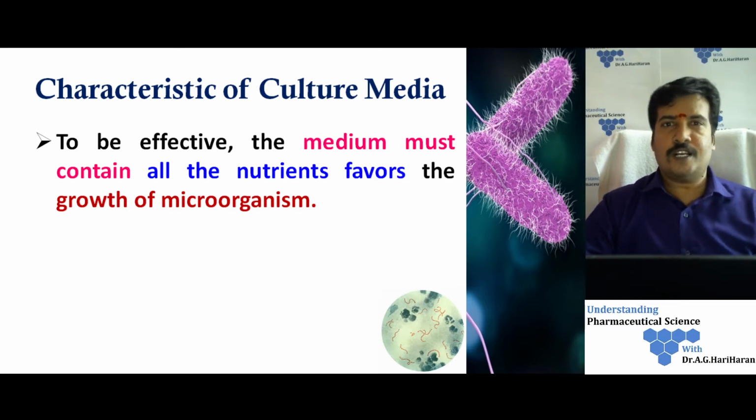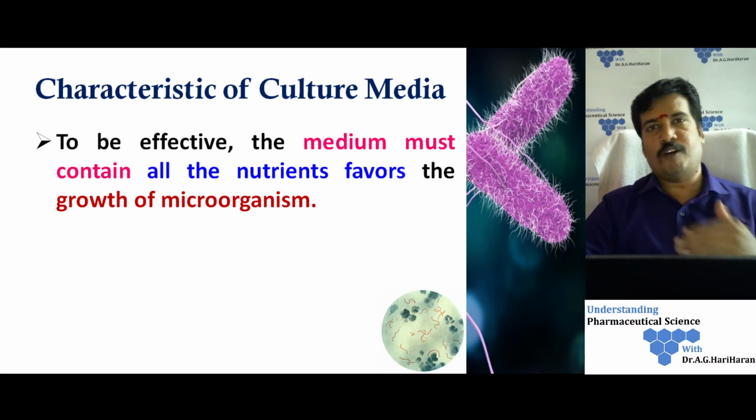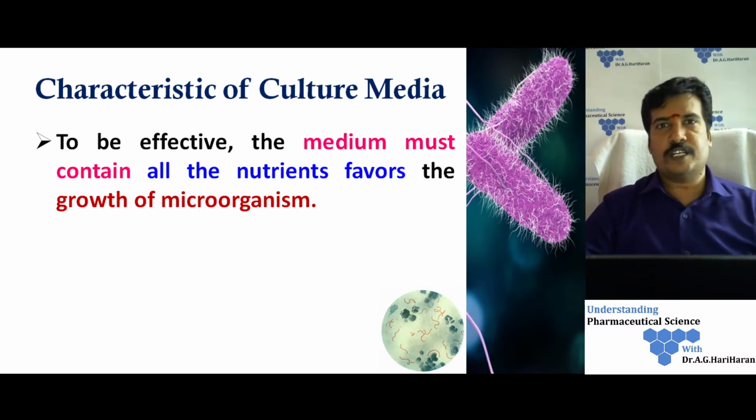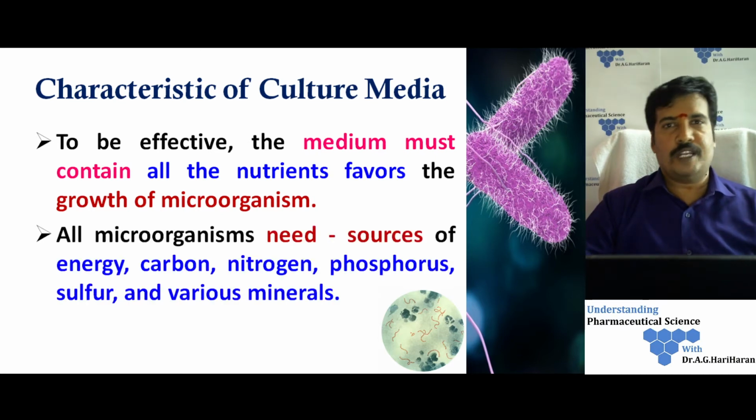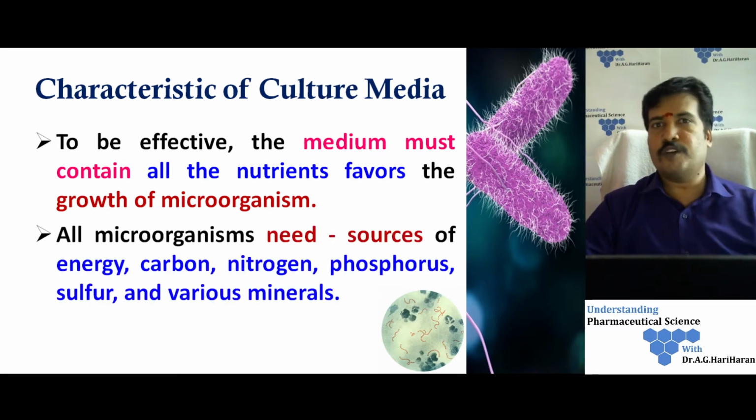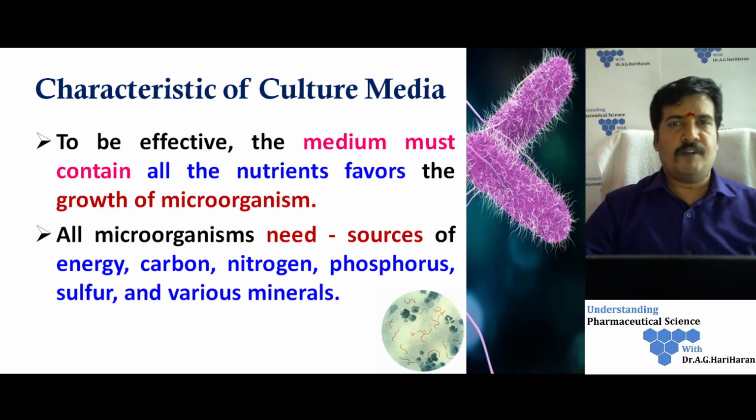The nutritional requirement of the organism I have already given in a separate lecture. You can see it through a video lecture. So the major nutrients needed for the growth of the microorganism, in the form of a carbon source or an energy source, or a nitrogen, phosphorus or mineral source, should be added into this culture media for its growth.